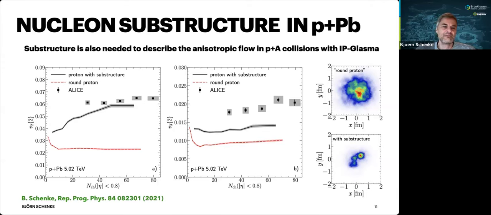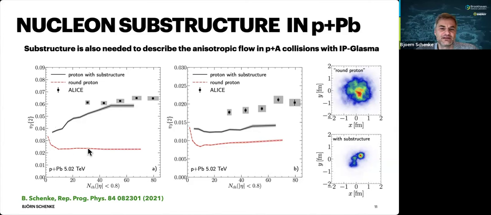So here now I show you again 2 different curves, one solid, one dashed, and I'm comparing to v2 and v3 measured in proton-lead collisions. So now a completely different system than what we discussed at HERA. And I'm plugging in now my initial distribution for the proton and also for the nucleons in the lead, either to be something like this or something like that down here.